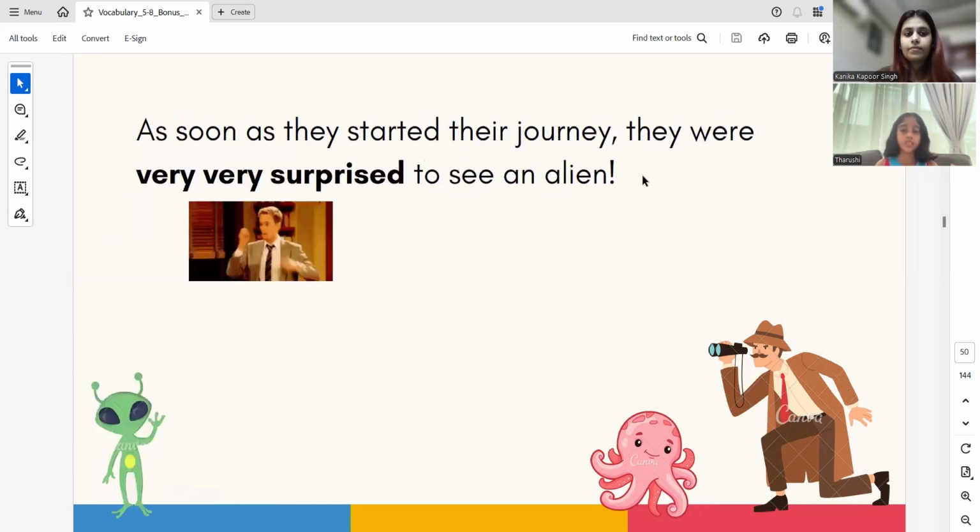Night. As soon as they started their journey, they were very surprised to see an alien. Yes, aliens are in the solar system. But how are they coming to Earth? So there was an alien. Now I would like to know what the alien was doing there.